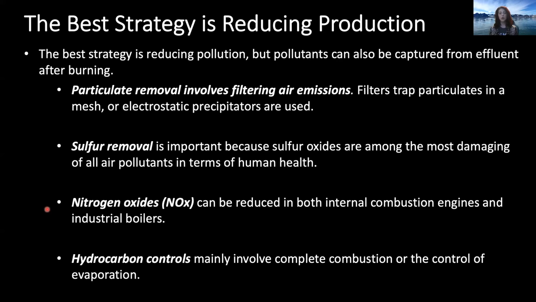And finally, hydrocarbon controls mainly involve complete combustion or the control of evaporation. Hydrocarbons and volatile organic compounds are produced, remember, by the incomplete combustion of fuels. So if we simply do complete combustion or control the evaporation of those hydrocarbons, we can effectively control the emission of those hydrocarbons and prevent the escape of fugitive gases from those sources.